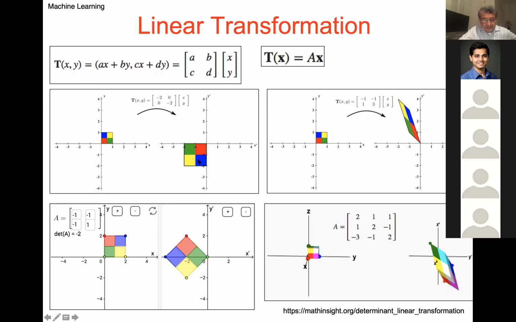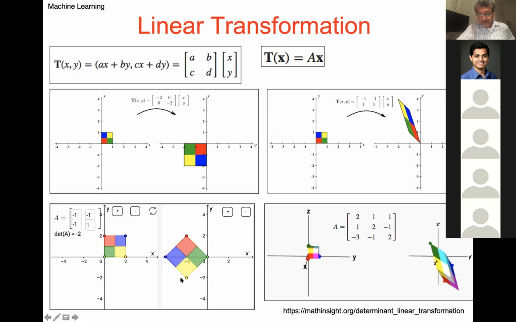It's going to rotate as well as come on the other side of the x-axis. If you multiply by minus 1, 1, 3, it creates a squeezed version like this. And when A equals minus 1, minus 1, minus 1, 1, that takes these four values and creates a diamond out of it.